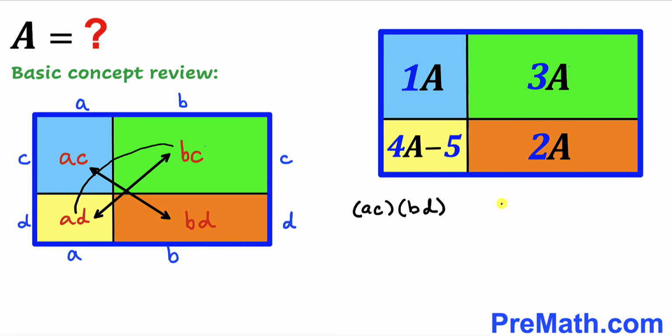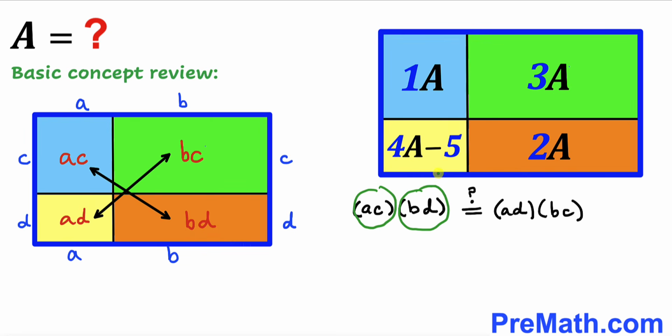So I'm going to write down a times d times b times c. Now we are going to see whether the left hand side is equal to the right hand side. Let's multiply these left hand side areas by rearranging these letters. I'm going to write down a first, then times b, then times c, and then times d on the left hand side.